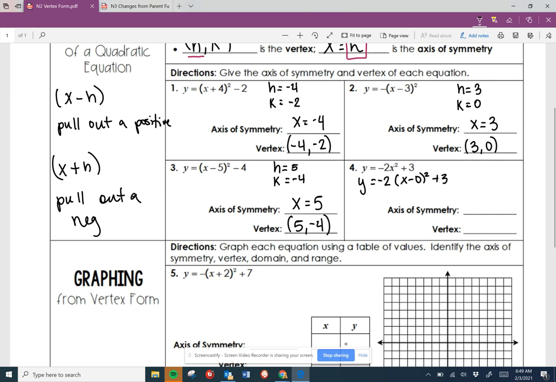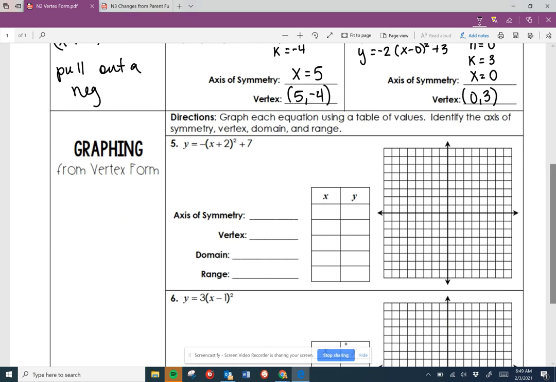So that is going to tell us that our h is 0 and our k is 3. So down here we have 0 comma 3, and the axis of symmetry is x equals 0. Okay, we're going to get into some graphing examples down here.